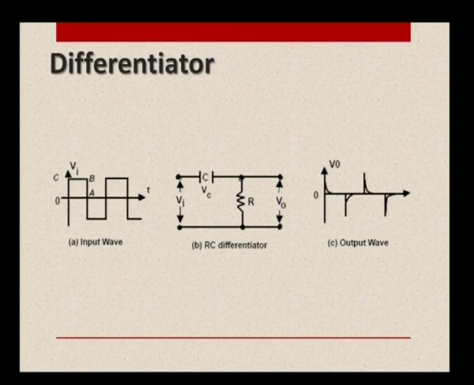When you have a look at this RC differentiator circuit, we are actually reminded of the filter circuits that we have already learned in some of the earlier lectures. The differentiator is nothing but a high pass filter. It allows the high frequency input to pass through. For the low frequency input, the differentiator puts up a huge resistance and blocks it.